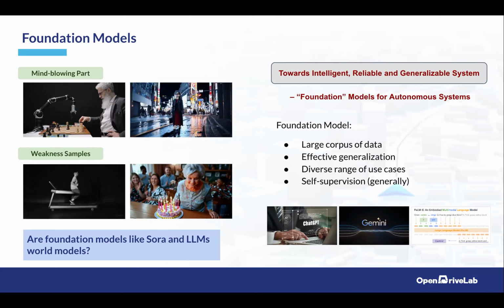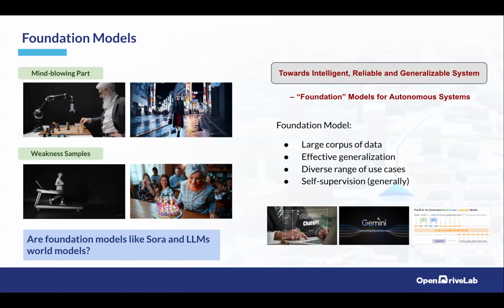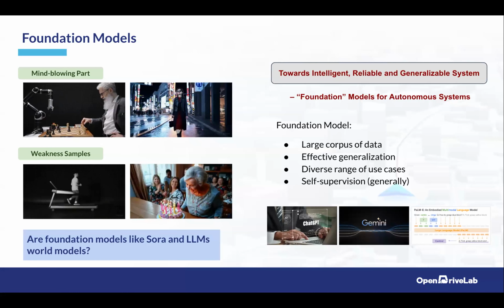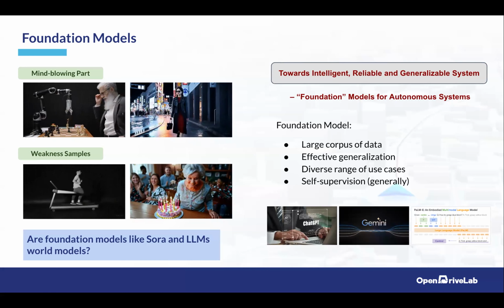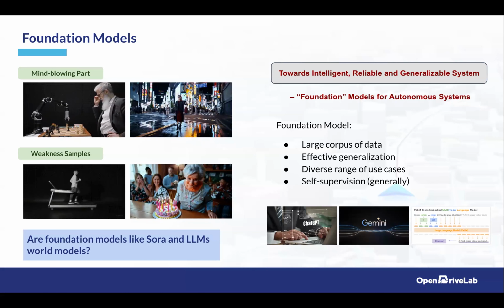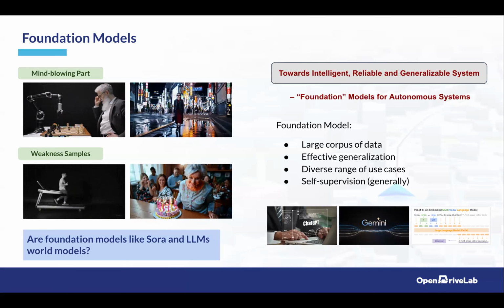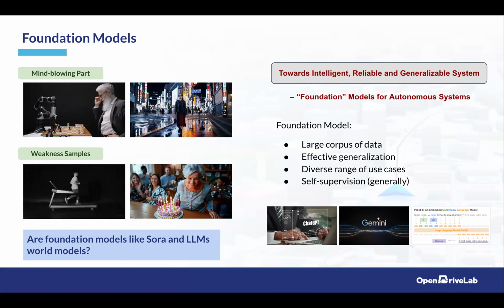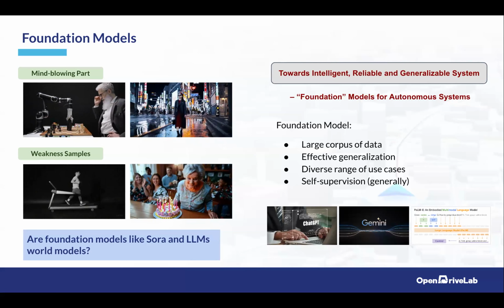As some speakers mentioned today, a foundation model has to be trained on large-scale data, should have generalizable ability, can be fine-tuned or prompted for a diverse range of downstream usage, and generally uses self-supervised training strategies.